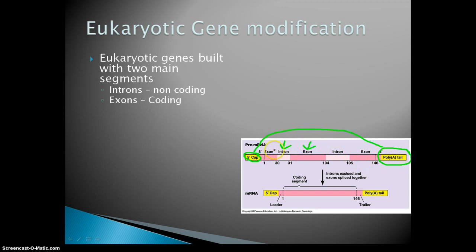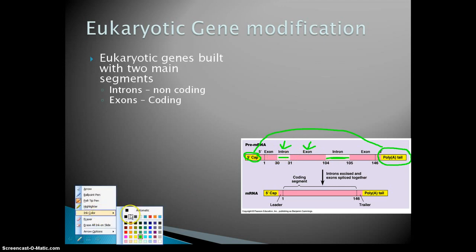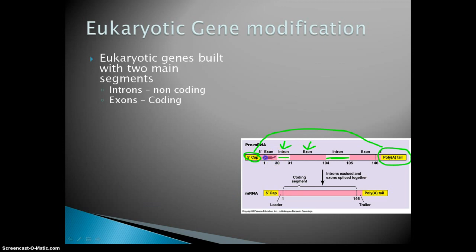Introns are segments of DNA, like this, that are not coded. So these segments of DNA that get transcribed are not used to generate proteins. They are non-coding. But the exons, these sections right here, are coded. They are used to generate a protein.